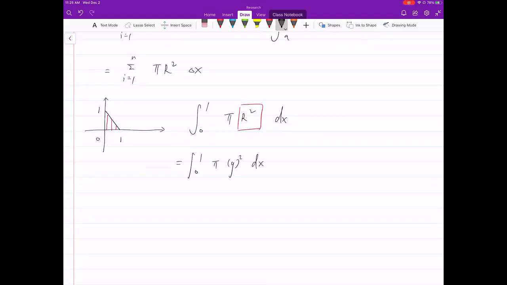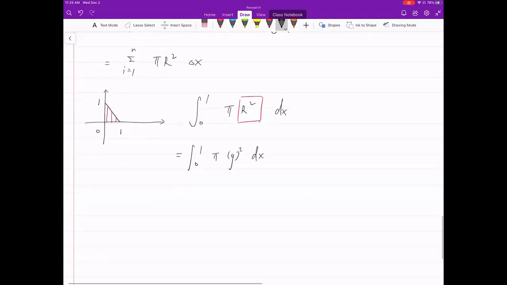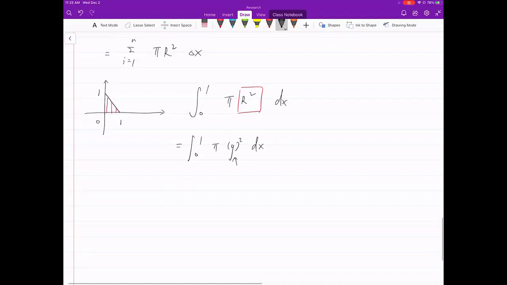That's why we want to do the integral. Now, the only problem is I cannot do the integral because this is not in terms of x. But can you change it to be in terms of x? Knowing what y is, you just plug it in. That will be the volume of this thing.